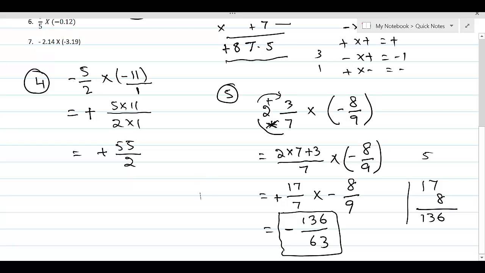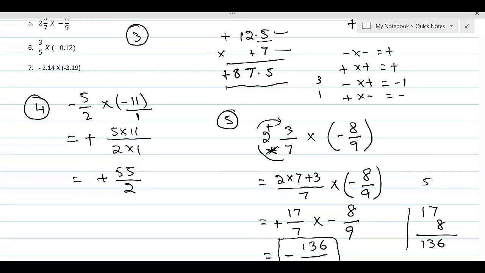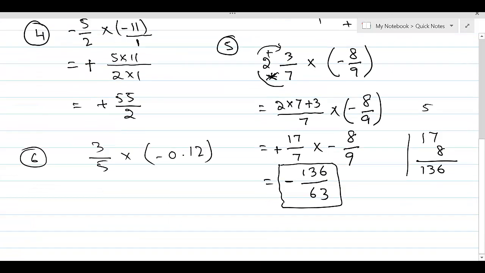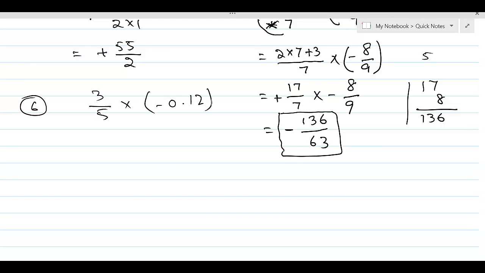6 is a case where we are multiplying a fraction with a decimal. Question number 6 now, and in this we have 3 over 5 times minus 0.12. And for this question, what is the denominator for minus 0.12?